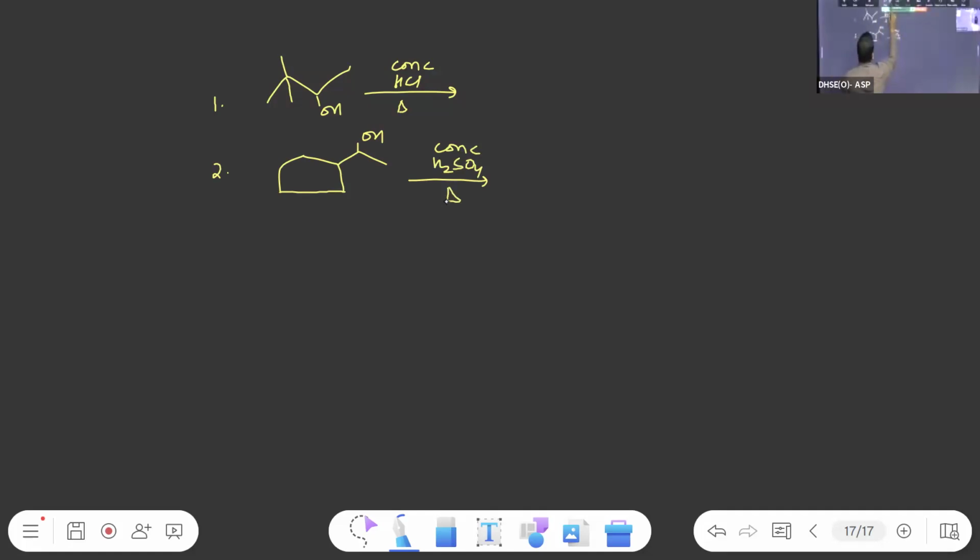So write the products of these two compounds after dehydration. I hope all of you are trying.